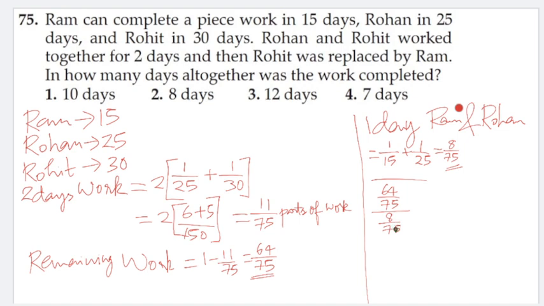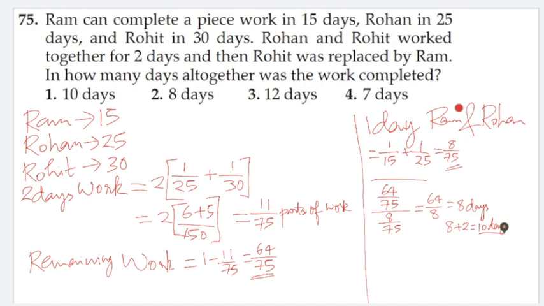So this will be equal to 64 divided by 8, and that is, we know, 8 days. So 8 days of work is required. So the work will be complete in 8 plus 2 days, because the 2 days they have already worked with Rohit, right? So 8 plus 2 equal to 10 days will be required in total.